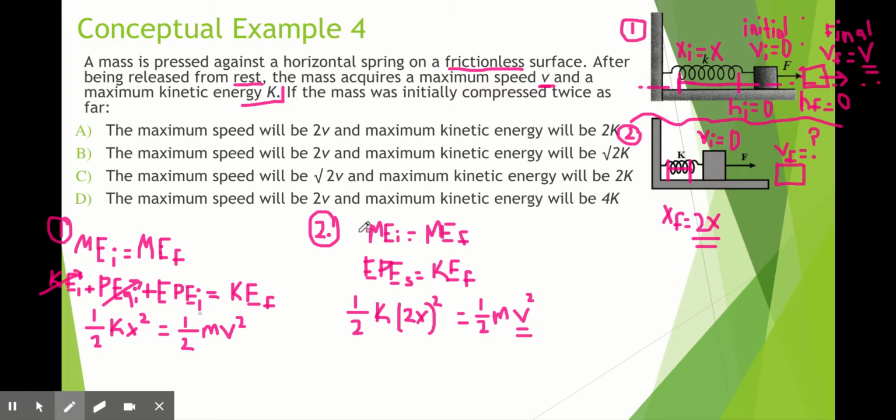Okay, so we're comparing these two situations. So if our compression distance doubles, does this side, or actually let's go over here. So if x doubles, this side of the equation is going to change by what factor?